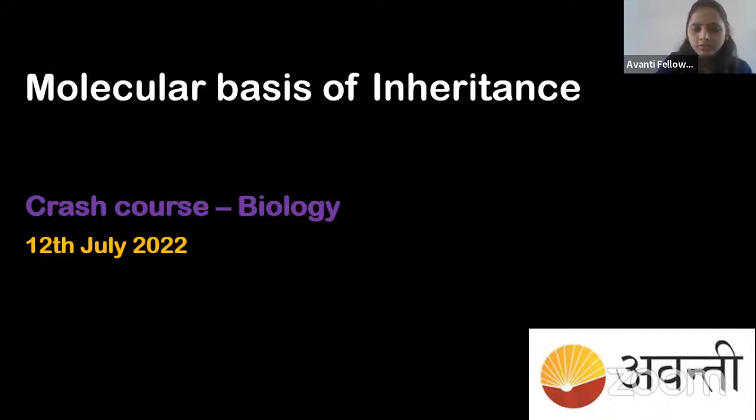Before starting the class, guys, I wanted to ask you some questions on the experimental basis. In search of the genetic material, we have some experiments, right? Now tell me the experiment names one by one. Actually, this work started around 1926, not exactly.